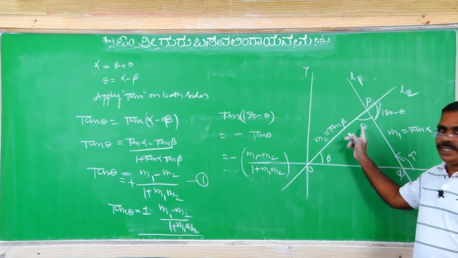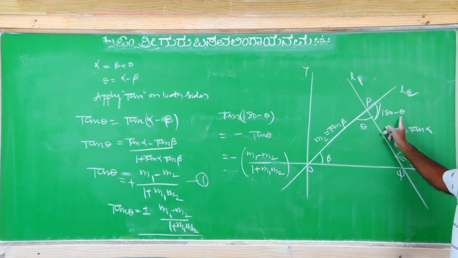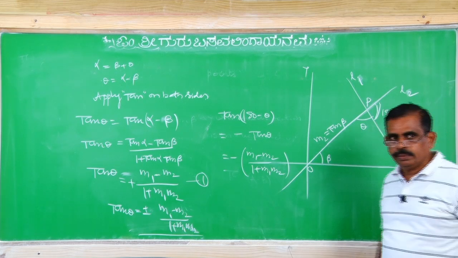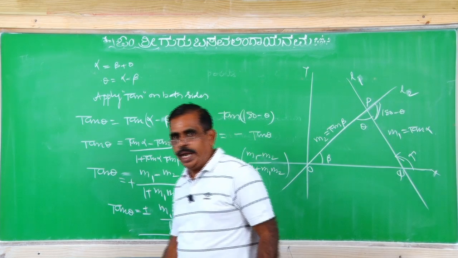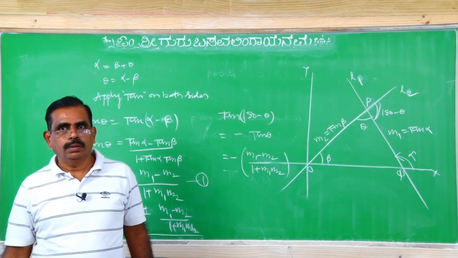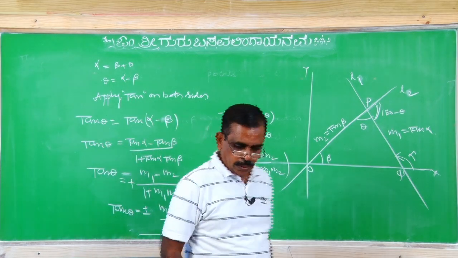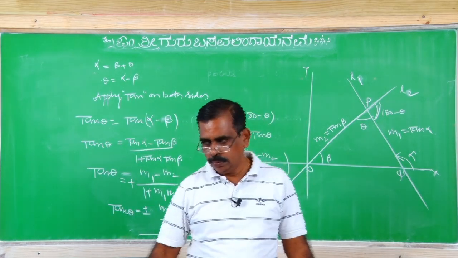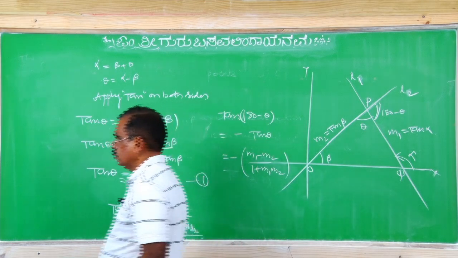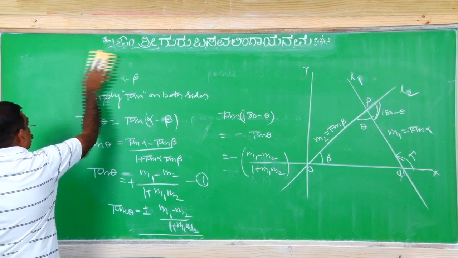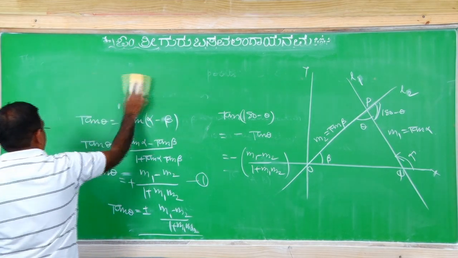Theta is acute. This is obtuse angle. This is acute angle. This is obtuse angle. Next, note down. Problem on this. Now I am giving.